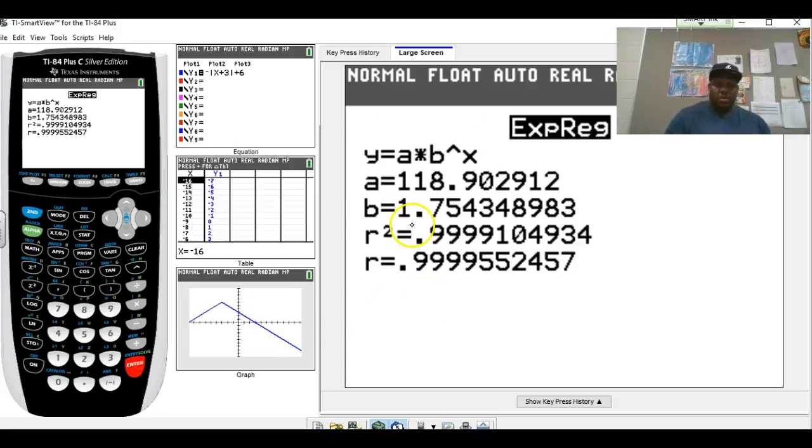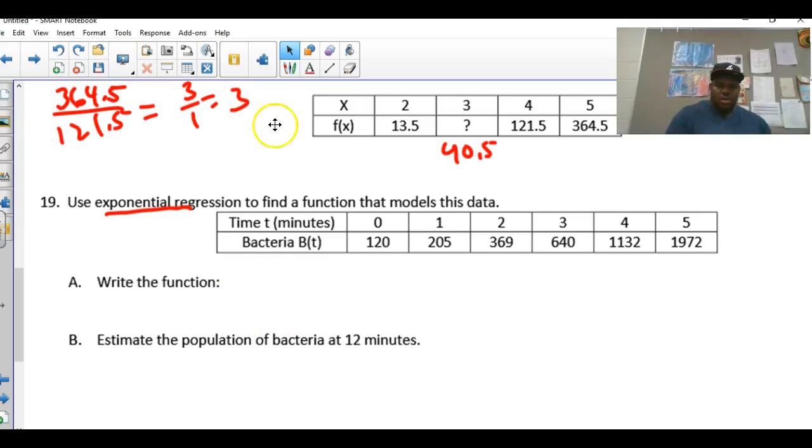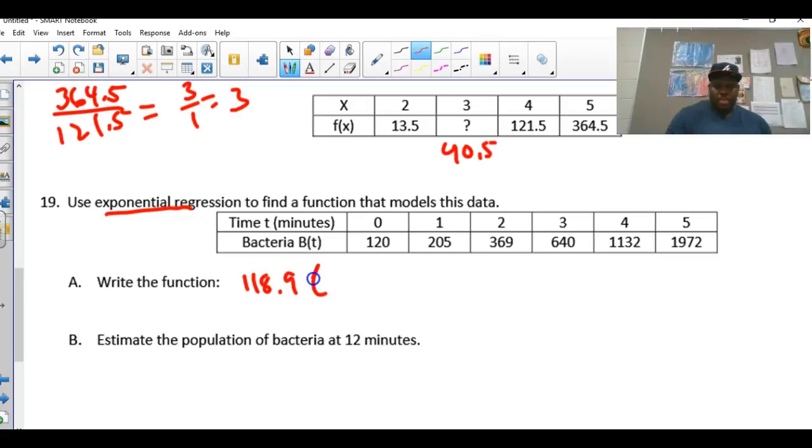And there we go. Exponential: 118.9 and 1.75. So there we go.